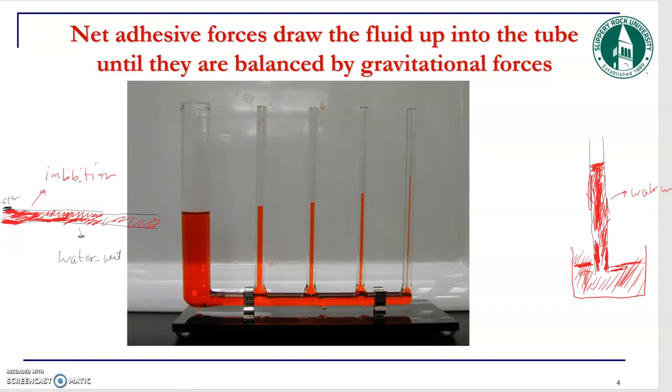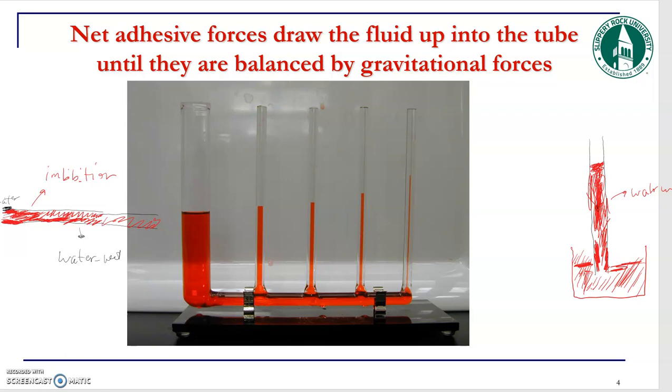The difference is that in a horizontal tube, if there is no friction or other forces that prevent water from continuously wetting the surface of the tube, in a vertical tube, however, you have gravitation, or the weight of the water that is being added to that tube against the net adhesive forces.